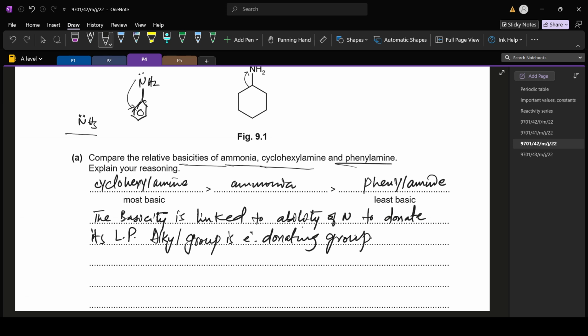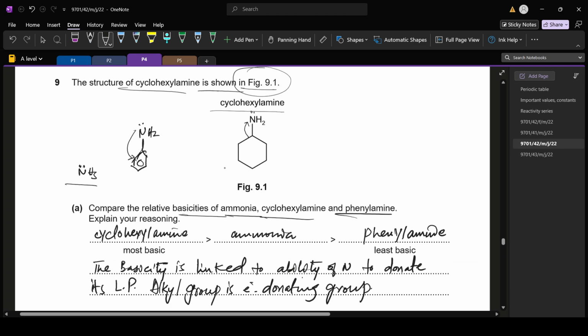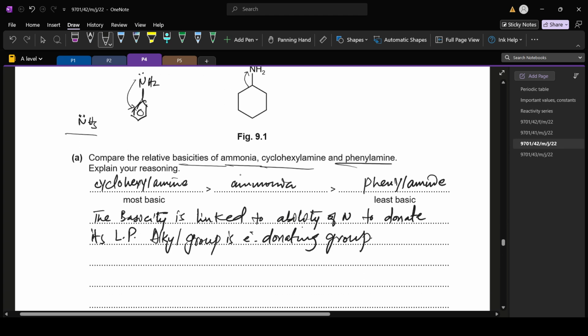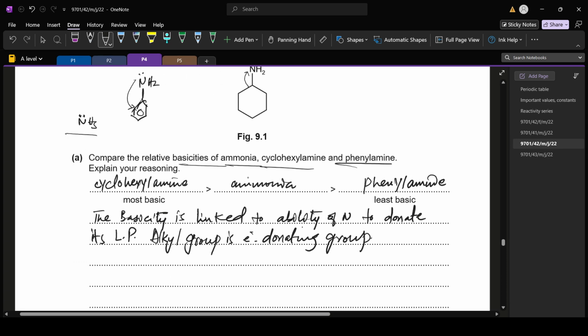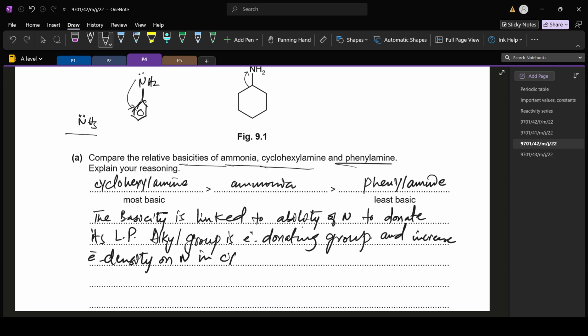That's why in cyclohexylamine, this alkyl group generates an electron donating effect, or you can say a positive inductive effect on this nitrogen, and increases electron density on nitrogen in cyclohexylamine.